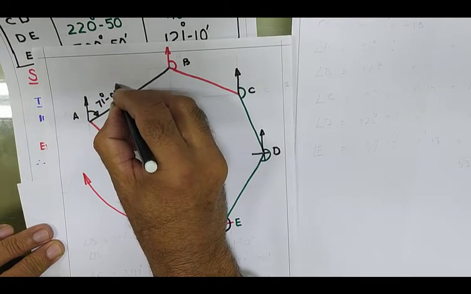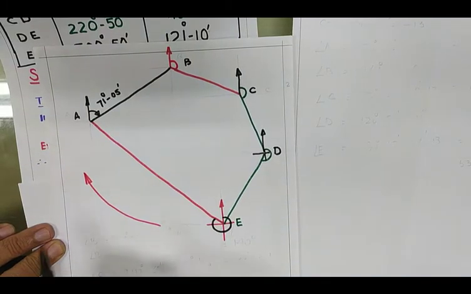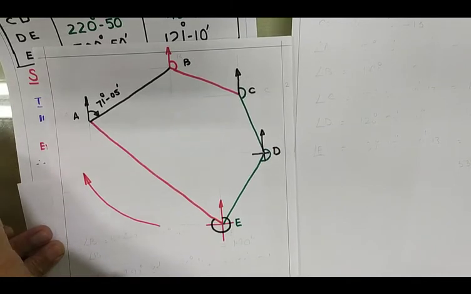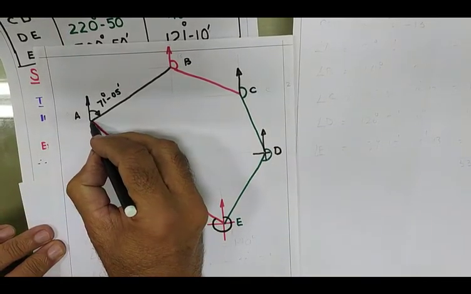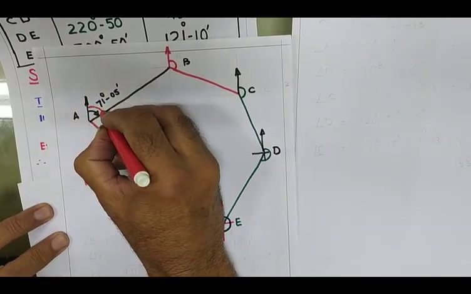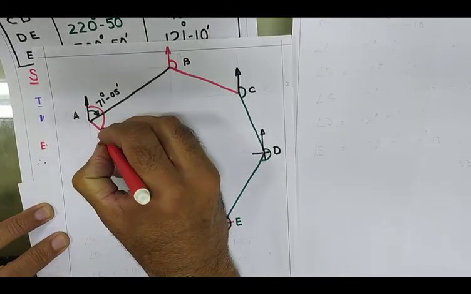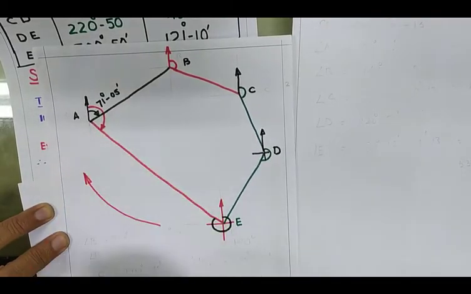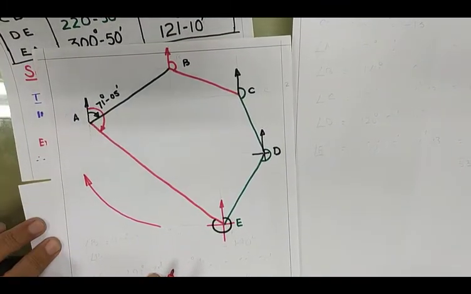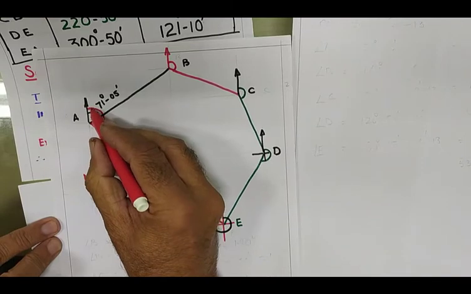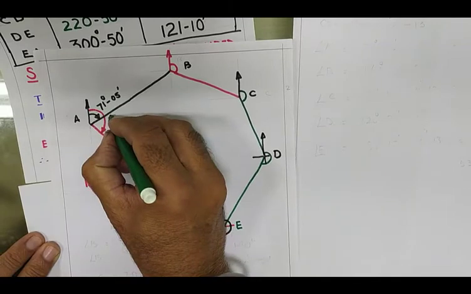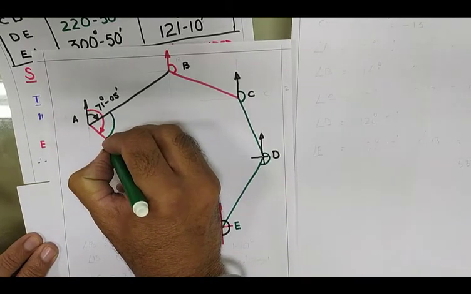Now, if I want to calculate the angle A, at point A I need this angle, which is the back bearing of line EA, and this value is 121 degrees 10 minutes. So the difference of this back bearing and fore bearing will provide me this angle A. This is my internal angle A.